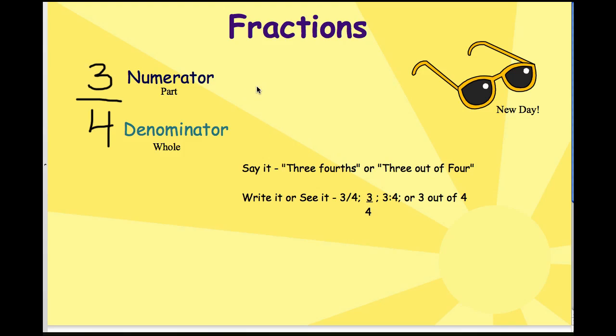Okay, so if I had 4 apples and 3 of them were green, perhaps, and 1 was red, I could say I have 3 out of 4 of my apples are green, or 3/4 of the apples are green.